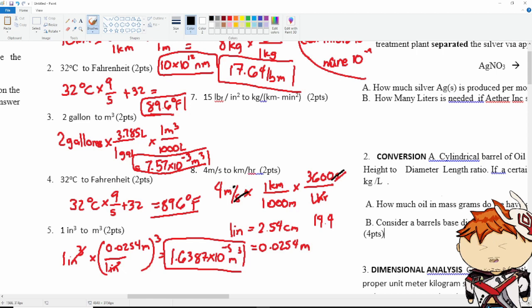Cancel seconds, cancel meter, and what's left is 14.4 kilometer per hour. That's the answer.